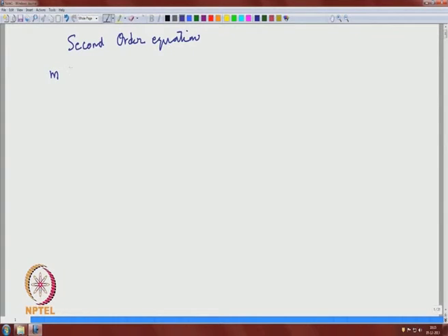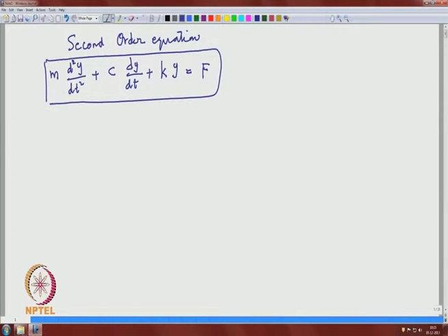M d square y by dt square plus c dy by dt plus k y is equal to f. So this was a very simple second order equation, linear, and with constant coefficients.